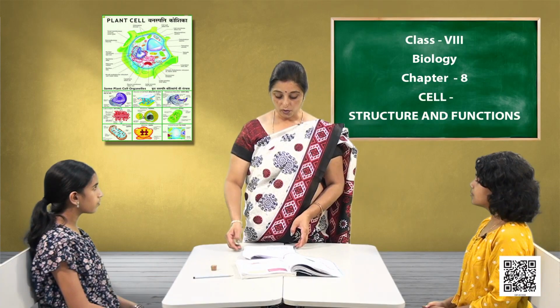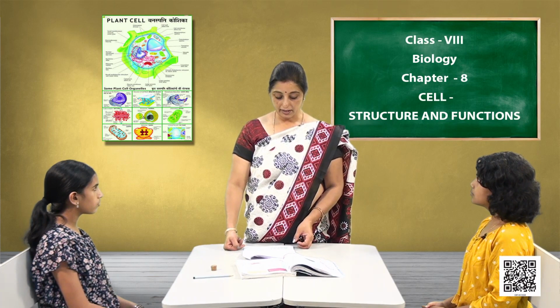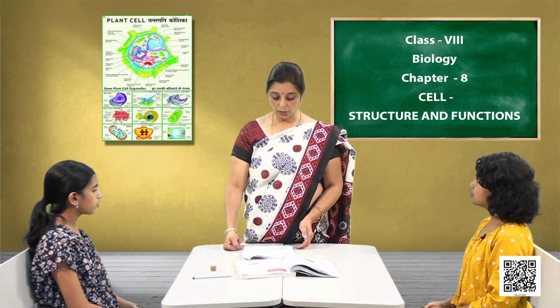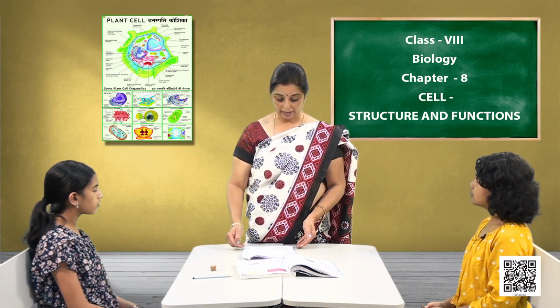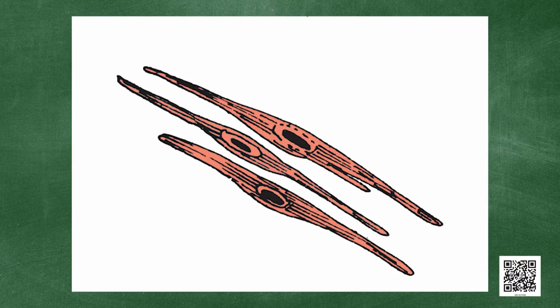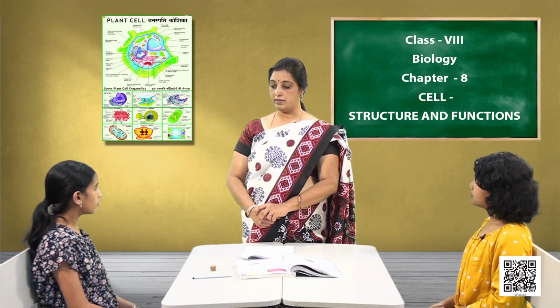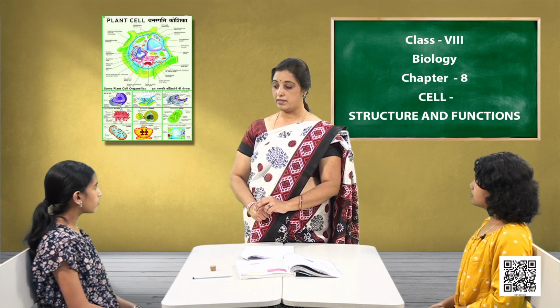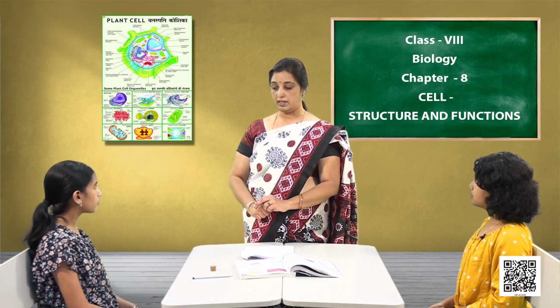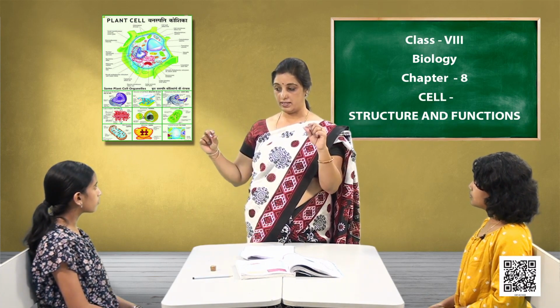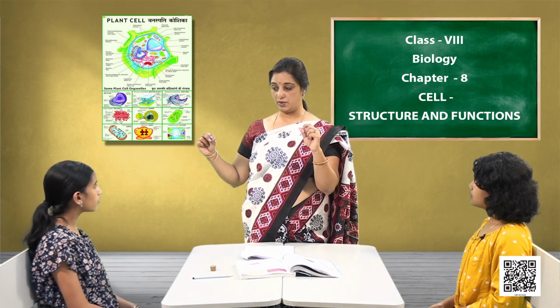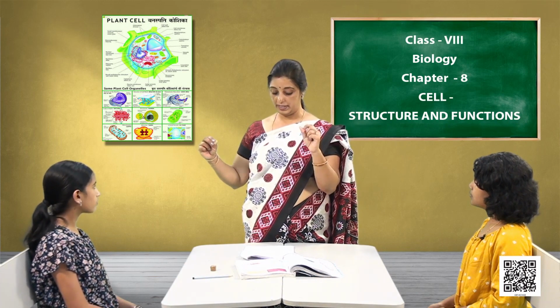Ma'am, it is an oval shape. It looks oval shaped, but it changes its shape from spherical to oval to flat. How about this muscle cell? Ma'am, it is long. Yes, it looks long, but it is called a spindle shape. At both ends you can see it is tapering. This shape is called spindle shaped cells.